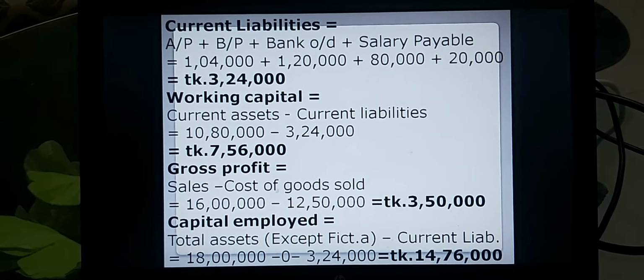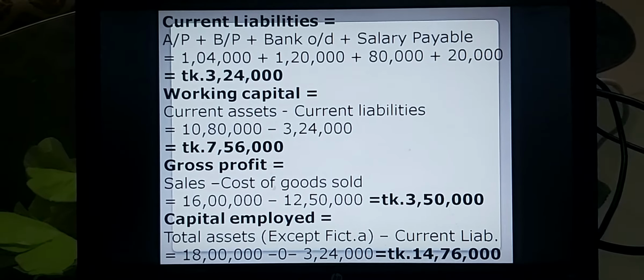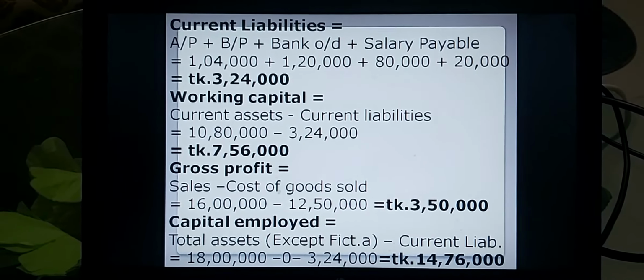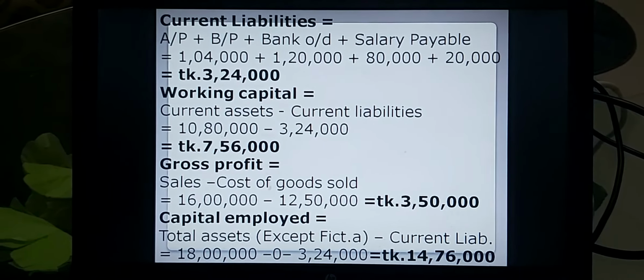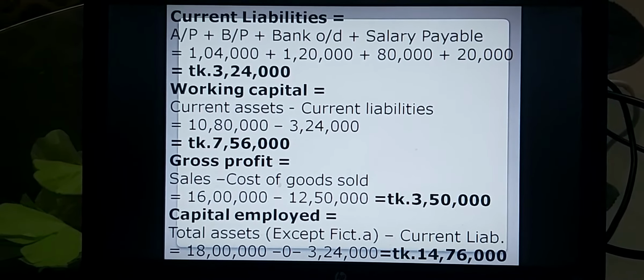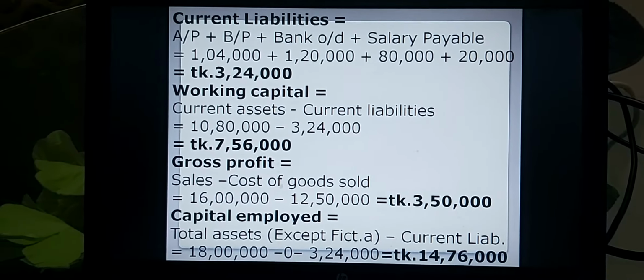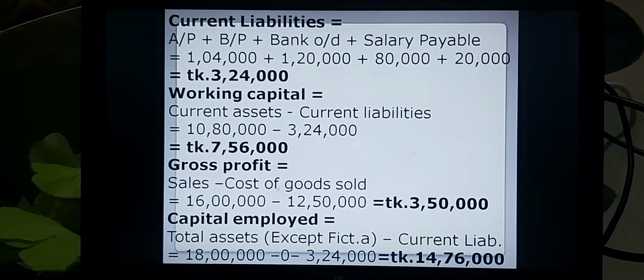So the amount of capital employed is taka 14,76,000. I repeat again, capital employed is equal to total assets except fictitious assets minus current liabilities. That is, the amount of capital employed is taka 14,76,000.